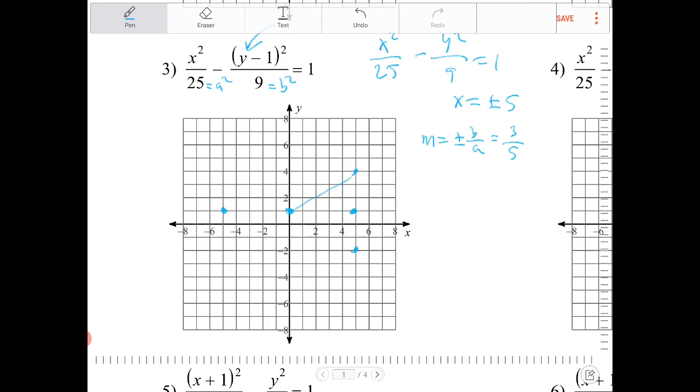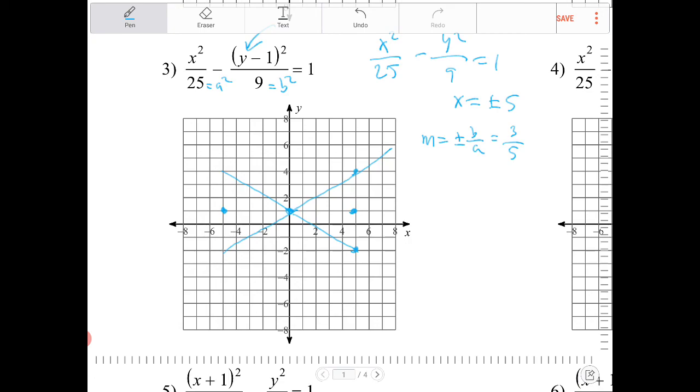So my asymptotes are going to look like this. I want to do the same thing over 5 and down 3, and same thing over here, and over here, like so.